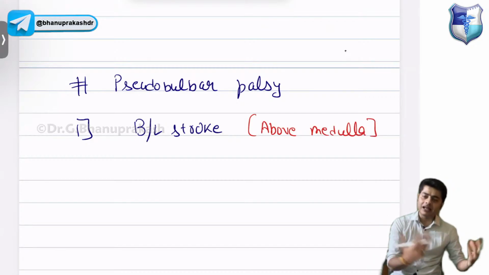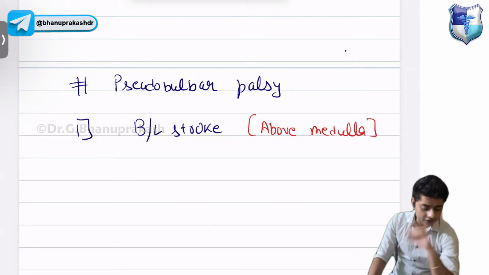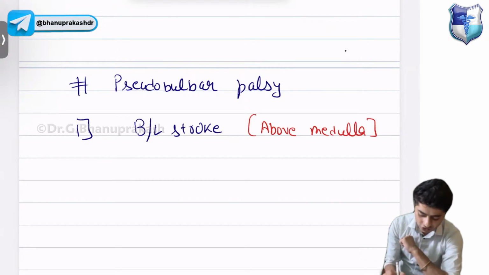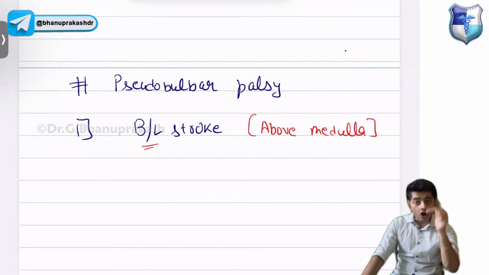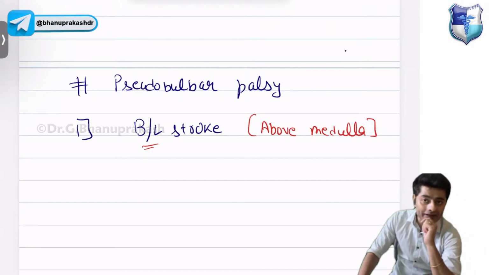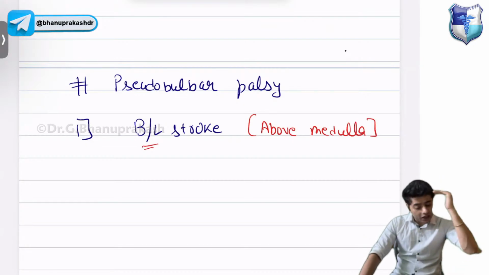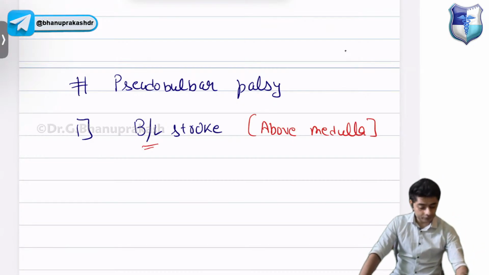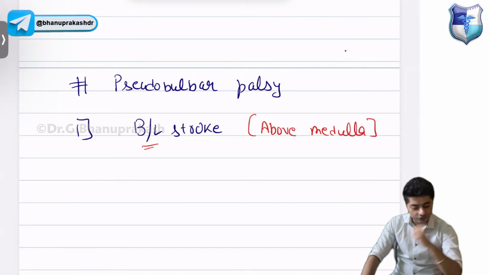It can be ischemic cerebral, but that is a different issue. It has to be a bilateral stroke to be pseudobulbar palsy, and that is the most important thing. It should be above the medulla, because if the stroke involves the medulla, then it will convert into bulbar palsy.